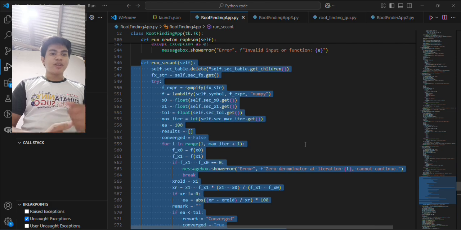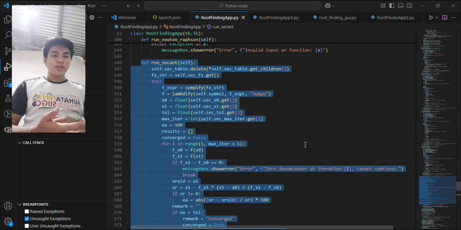Step 3, convergence check. If the error is below tolerance or the function value is zero, it will stop. Otherwise, update x0 equals x1 and x1 equals x2 and continue.